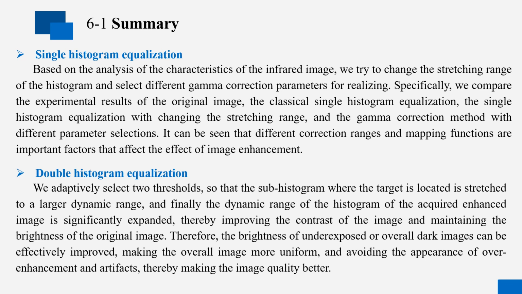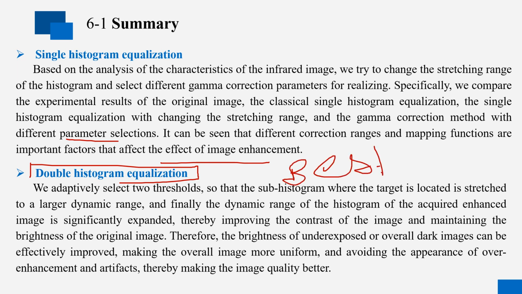It can be seen that gamma correction with different parameter selections gives different results on the final image, whereas the main topic, double histogram equalization, gives the best result out there. So we create a larger dynamic range of the stretched gray level values, and therefore the brightness of the image was increased. The dark images become brighter, and the brightness of brighter images was preserved. They were uniform at the end.